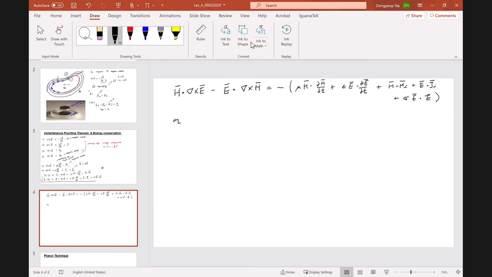Okay, so then we're going to use the vector identity to write the left-hand side of this equation more compactly, so that we can write it this way: divergence of E cross H. There's a vector identity for the left-hand side, and the same thing on the right-hand side.